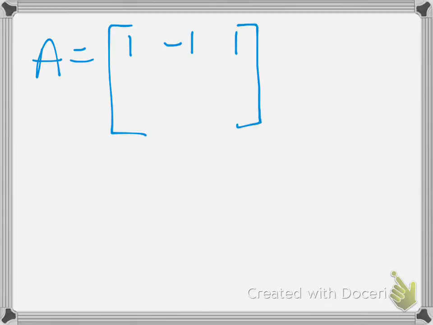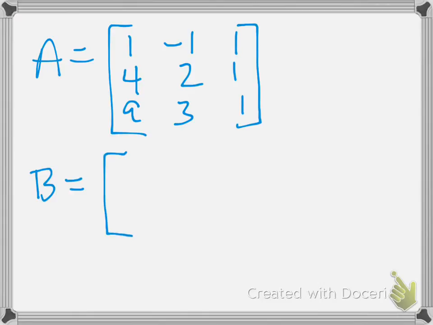So when we do our matrix, our A matrix, 3 by 3, okay? So the first equation, the coefficients were 1, negative 1, and 1. Okay? So our second row is 4, 2, 1. And then 9, 3, 1. Our B matrix is 5, negative 1, 13.